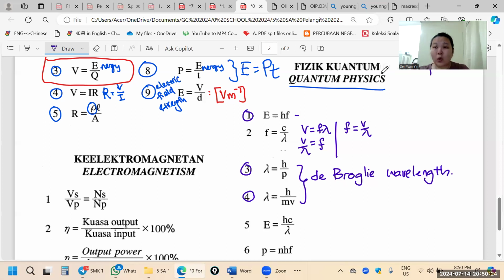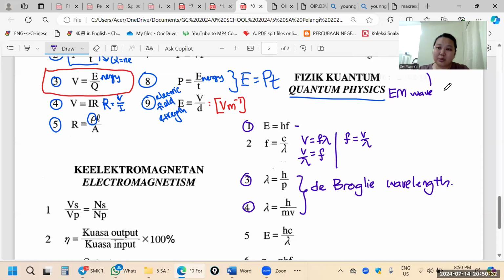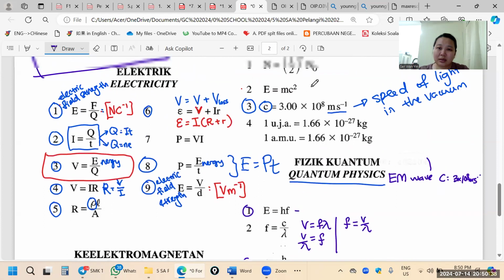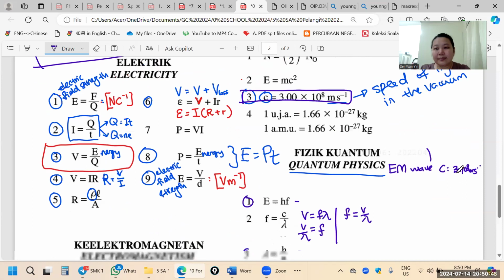Don't forget, in quantum physics we talk about EM waves, and all EM waves have the same speed, the speed of light. Where can you get it? In the nuclear physics section, number 3: light speed is 3 times 10 to the power of 8 meters per second.